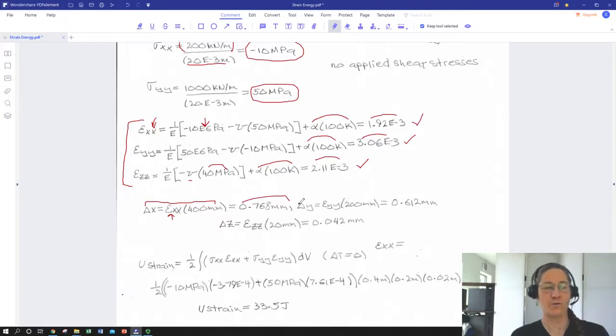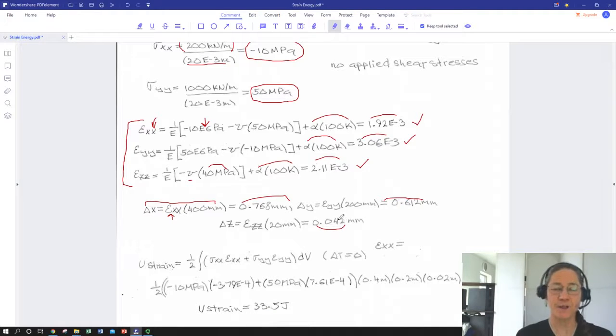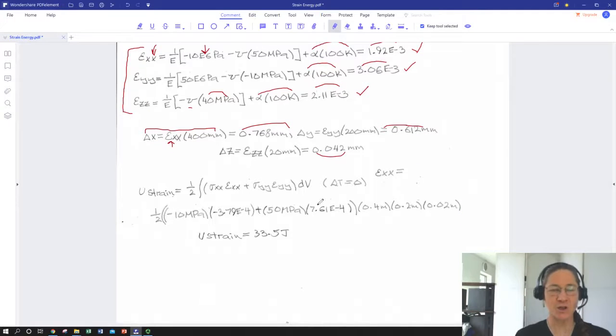So we will have grown a little over 3/4 of a millimeter in the x, a little over a 1/2 millimeter in the y, and 0.042 millimeters in the z. So not insubstantial.